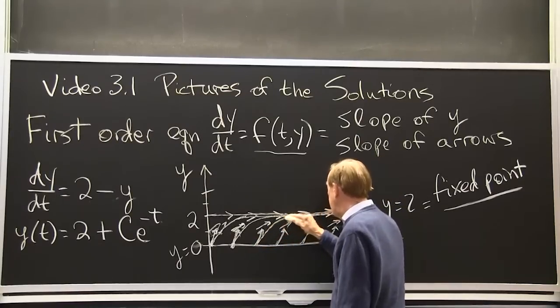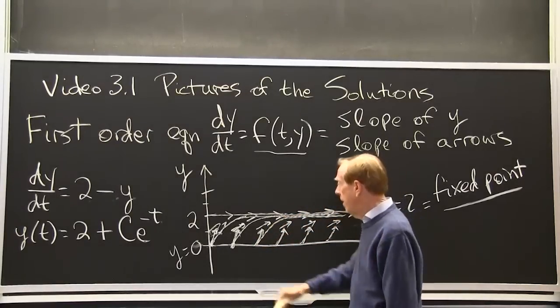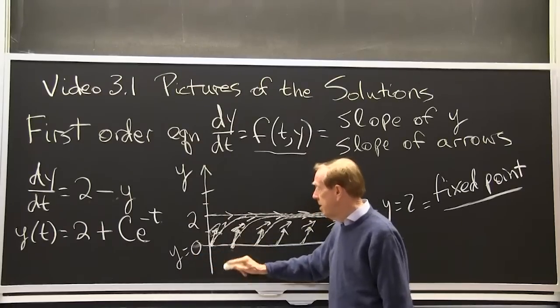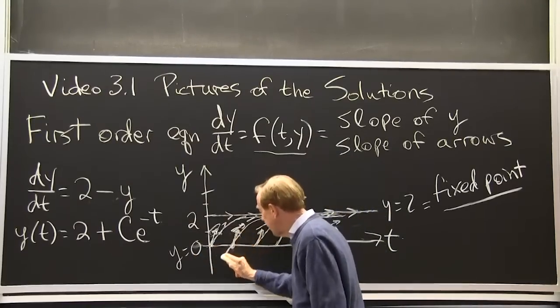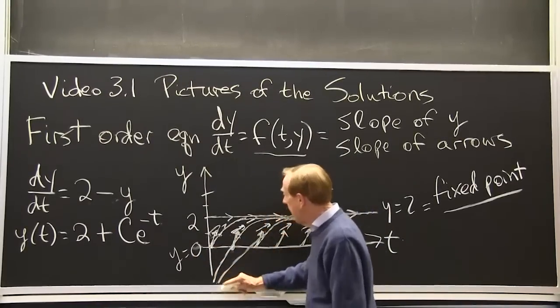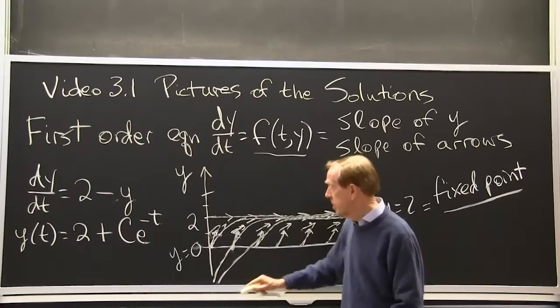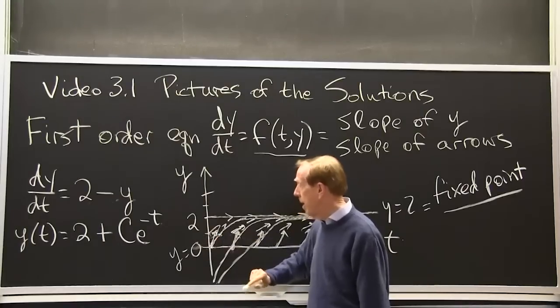Do you see what the pictures are looking like? If it starts at different times, these are different starts. Really, we're more used to, at t equals 0, giving y of 0.